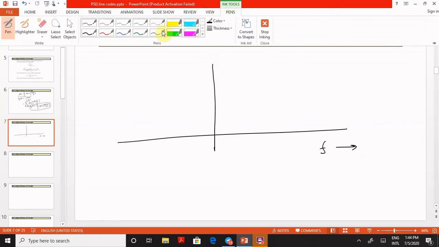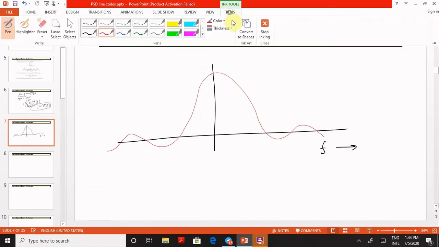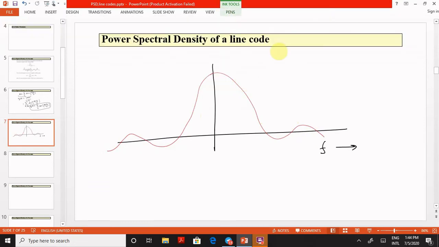If we want to plot the sinc function, we know that the sinc function will be like this. So, the power spectral density variation may be like this.